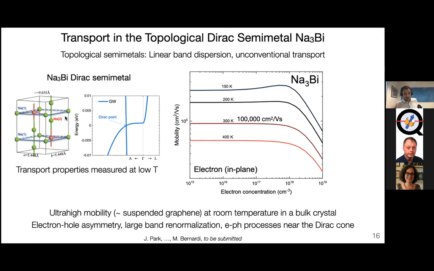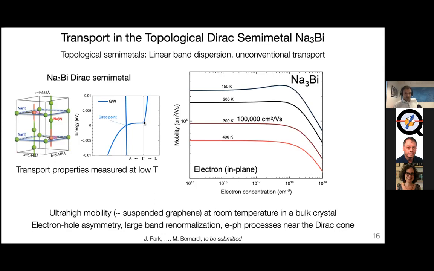But now with the computational tools, we can actually make predictions up to higher temperatures. In sodium bismuthate, first of all, what we found is that there is a very strong band renormalization compared to the DFT calculation. So this is basically a moderately correlated system. And using GW, we have obtained band structures that match ARPES experiments very accurately.